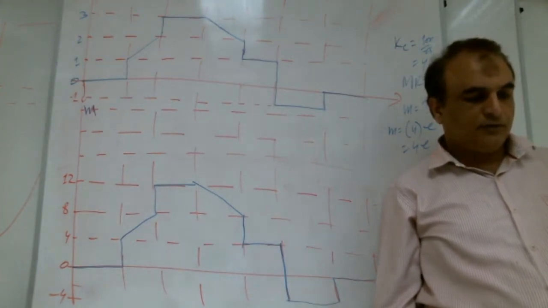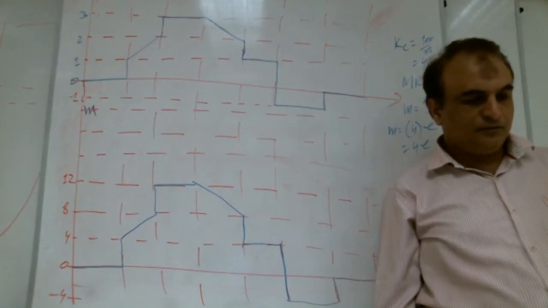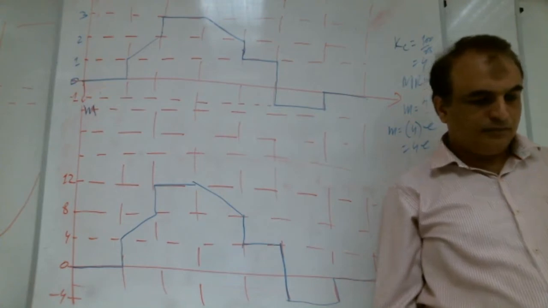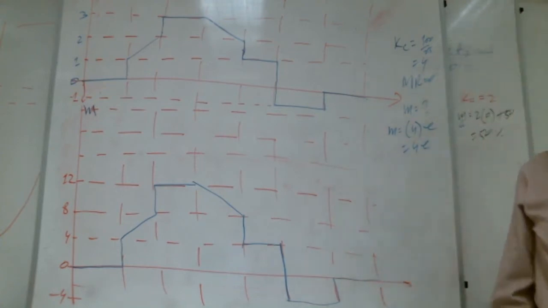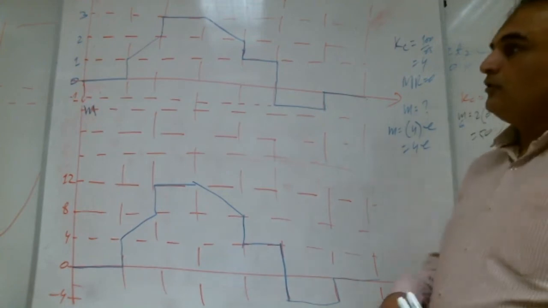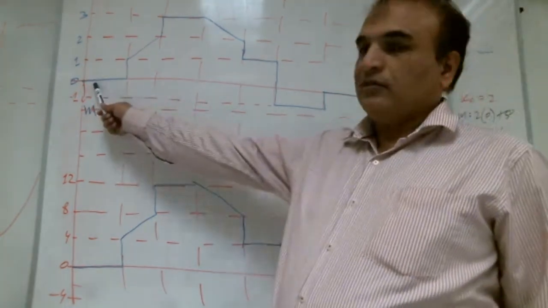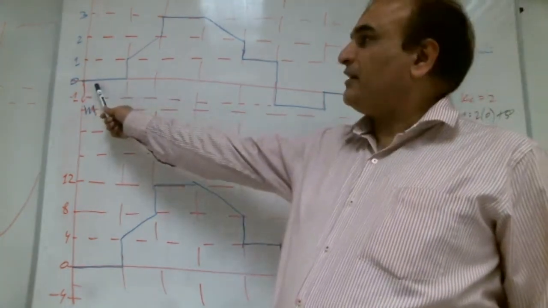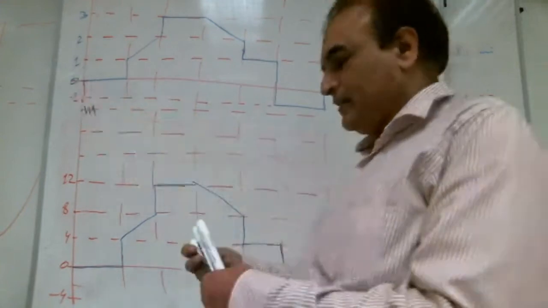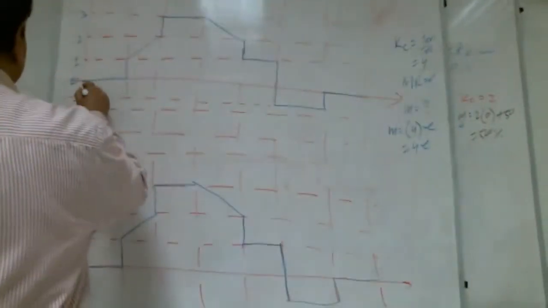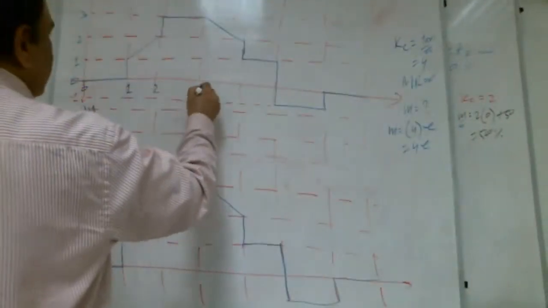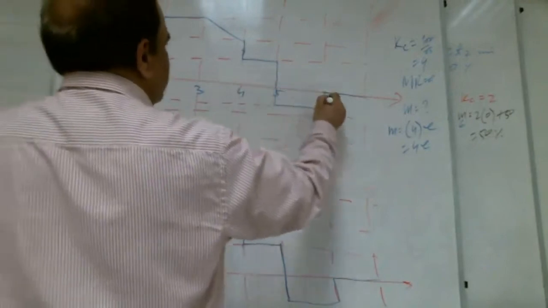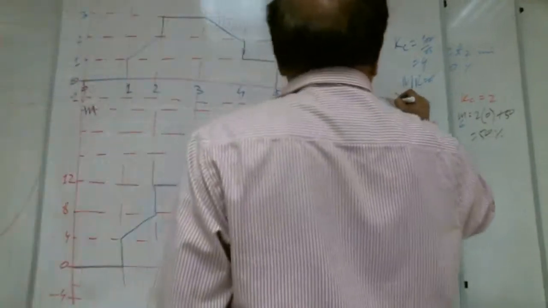Teacher, how did we get this output graph? I know how, but why do we read the error like here? Imagine this is the time: 0, 1, 2, 3, 4, 5, 6, 7 minutes.